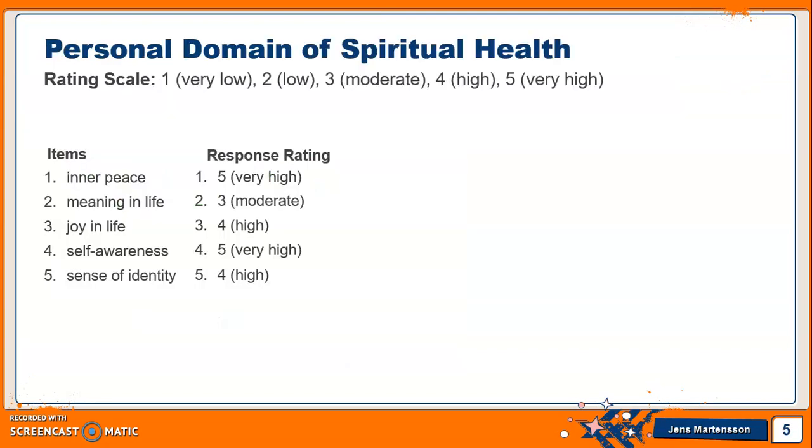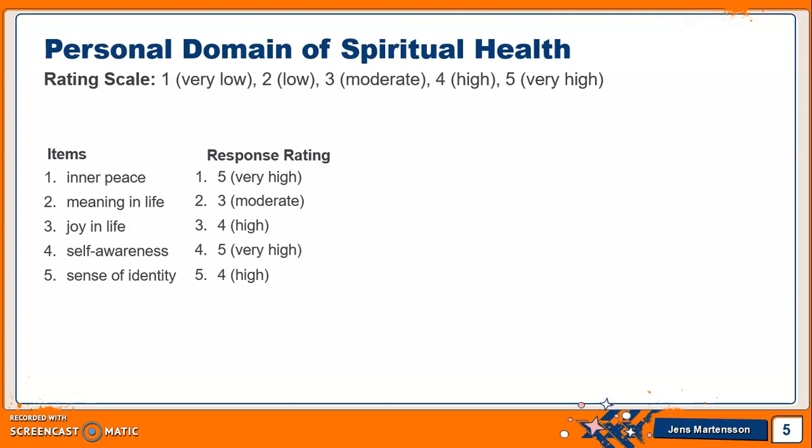In the personal domain of spiritual health, there are 5 items: inner peace, meaning in life, joy in life, self-awareness, and sense of identity. You may assign response rating of 1, 2, 3, 4, and 5, which correspond to very high and to the continuum of very low.